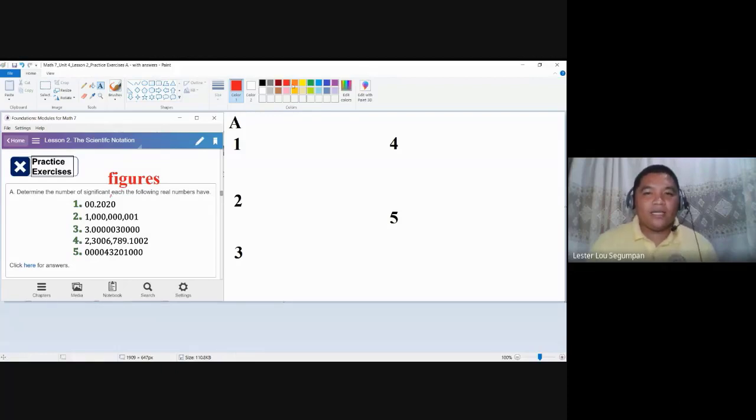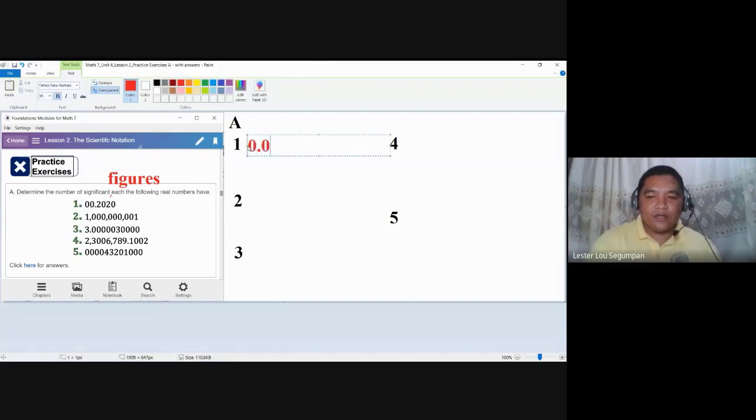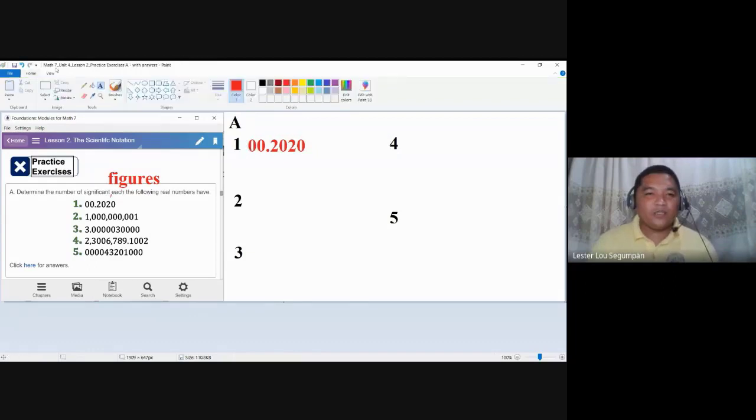Number one is 0.2020. First, we are sure that all non-zero digits are significant. So 2 is significant, as well as this 2 here. So we are sure that there are already 2 significant digits. Next, any zero digit between 2 non-zero digits is also significant.